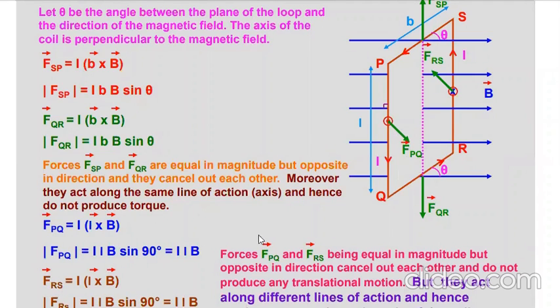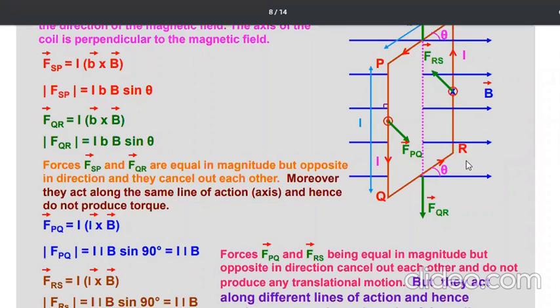Similarly, we have to determine the magnetic force acting on the arm RS. The same current flows through this arm and the same situation applies. The only difference is that the current in this arm flows in the opposite sense, so the magnetic force will be opposite to that of this force.